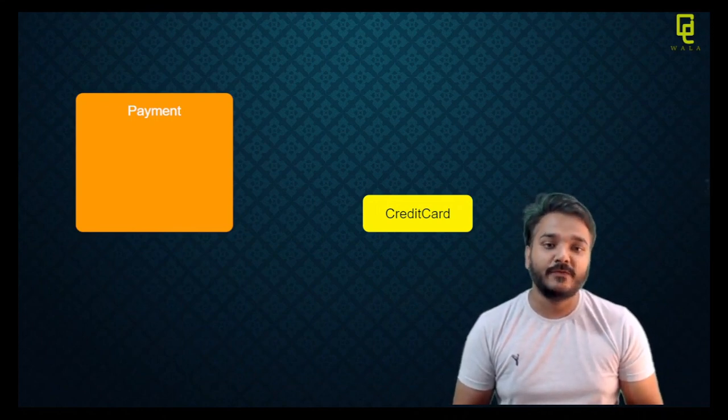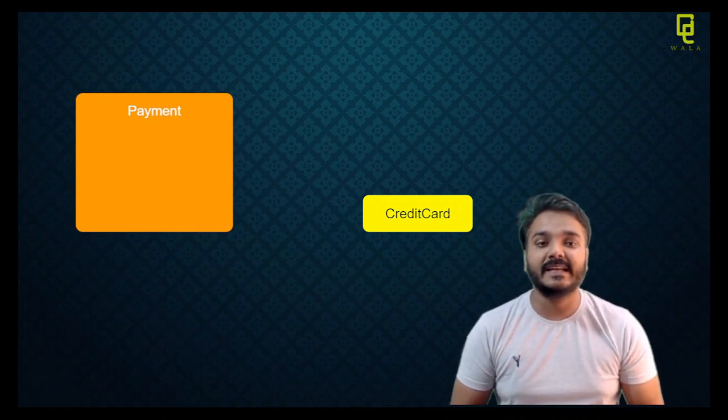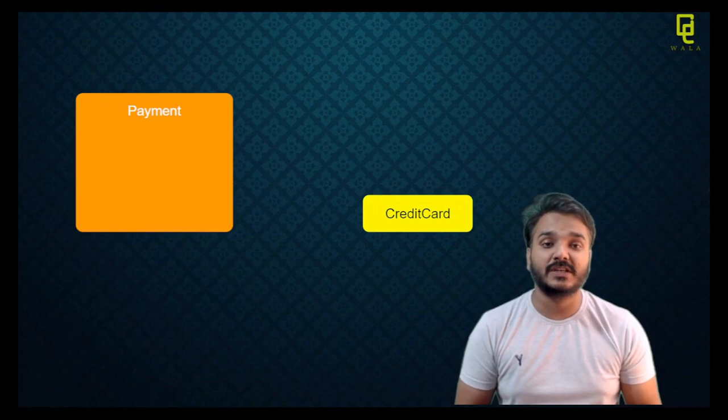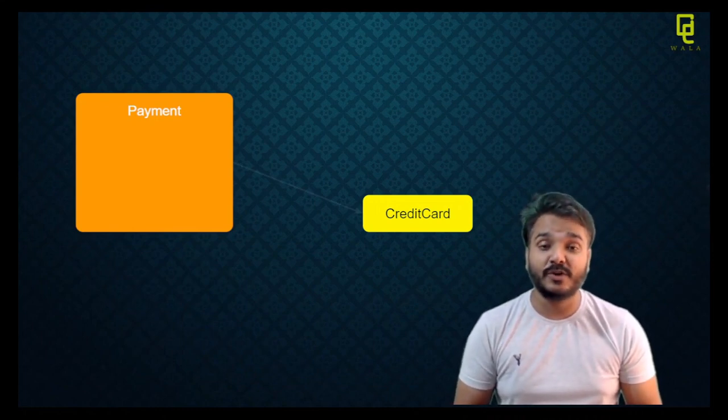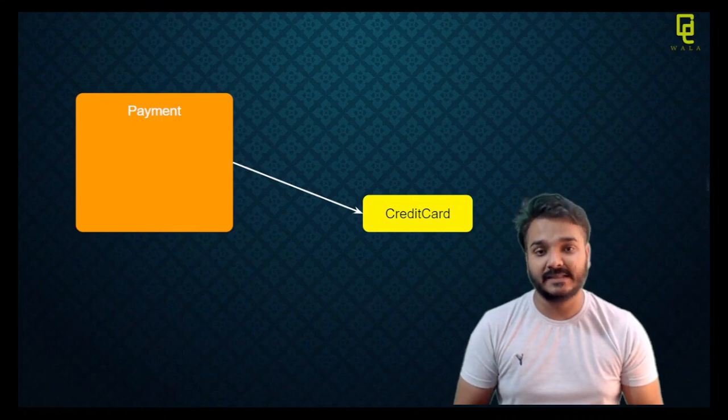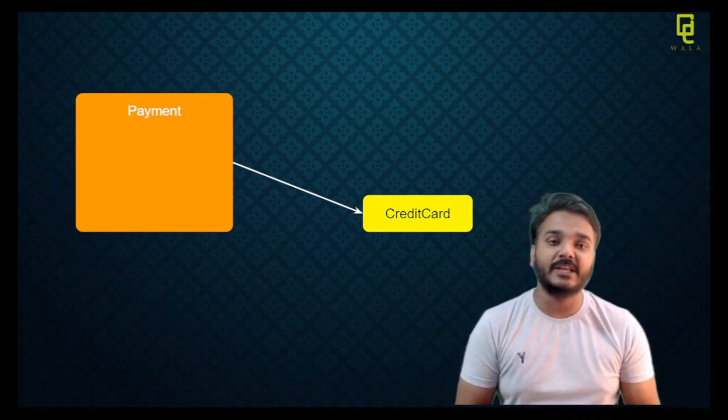Sharing this information with another class can put your business and your customer at potential risk, because details of the credit card can be stolen from where it got shared. The more you share it among the classes, the more the risk to the data increases. The payment class has to depend on the credit card class to make payments and issue refunds.